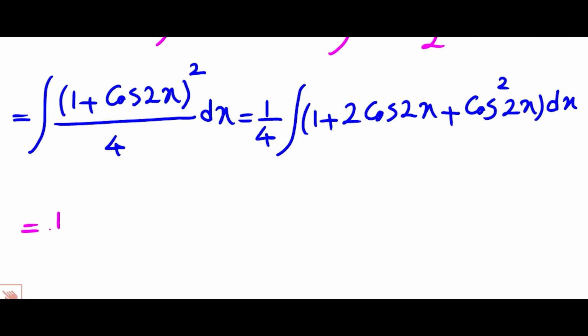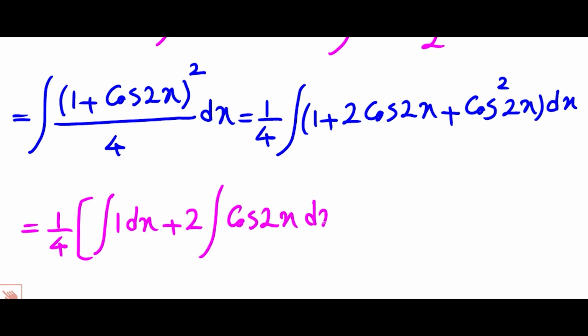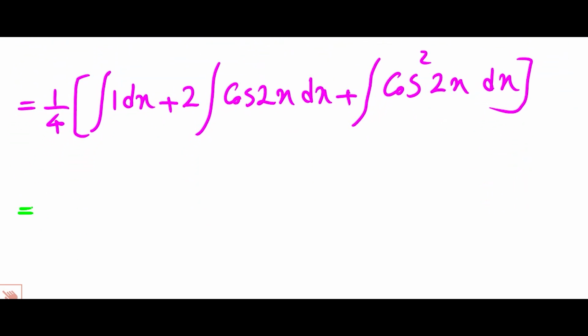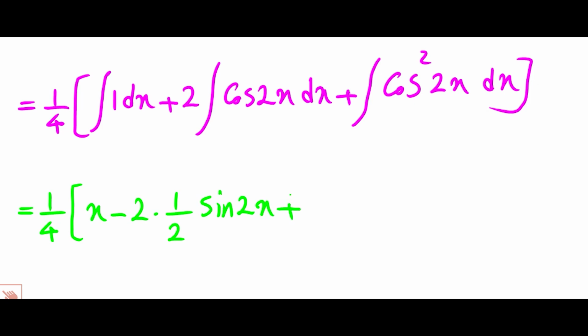So we have 1/4 times the integral of 1 dx plus 2 times the integral of cosine 2x dx plus the integral of cosine squared 2x dx, right? Equals 1/4 times the integral of 1 dx, which equals x, plus 2 times the integral of cosine 2x, which equals 1/2 sine of 2x, plus the integral of cosine squared 2x.